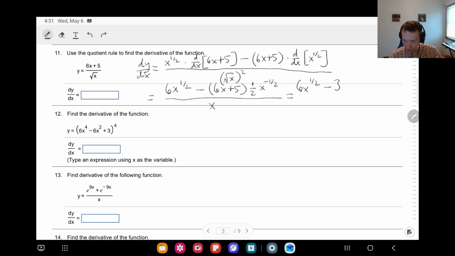So we add those powers. 1 minus 1/2. Okay, then here we have a minus 5 over 2 x to the negative 1/2. And that's all over x.